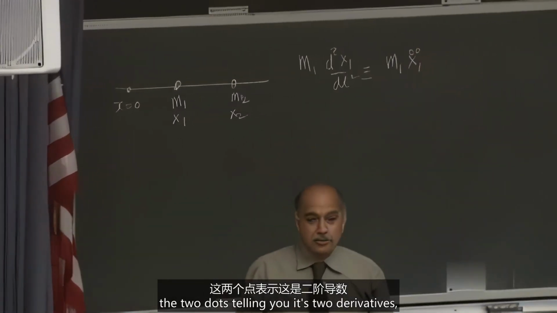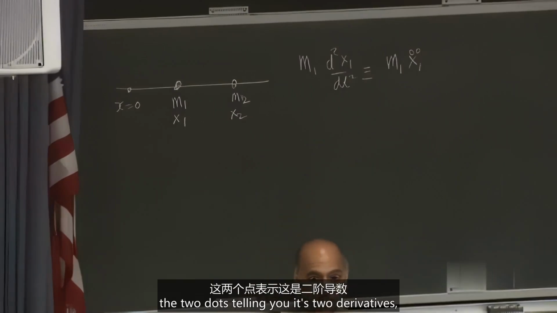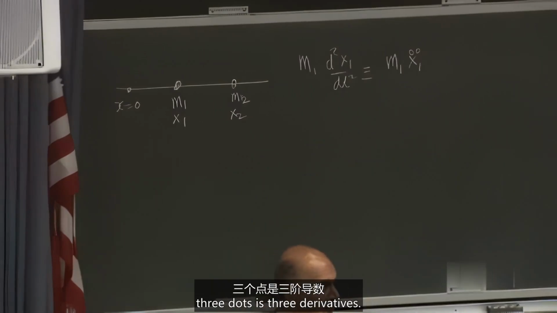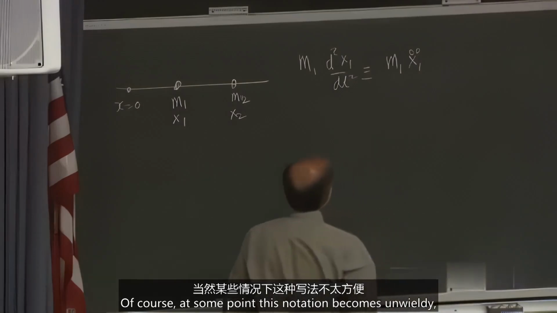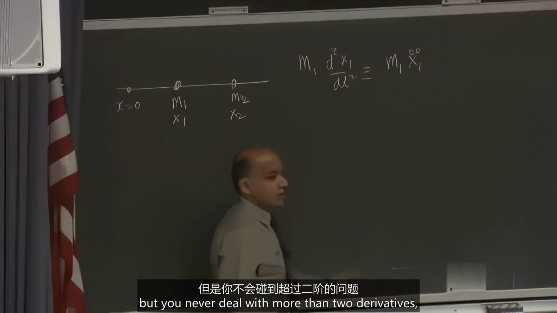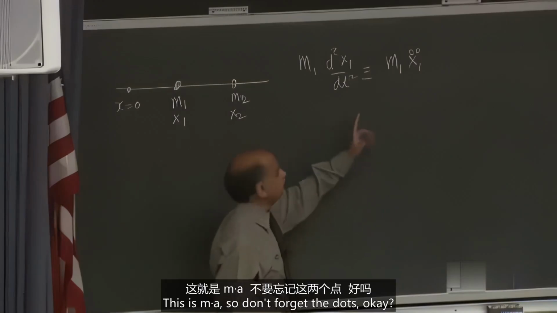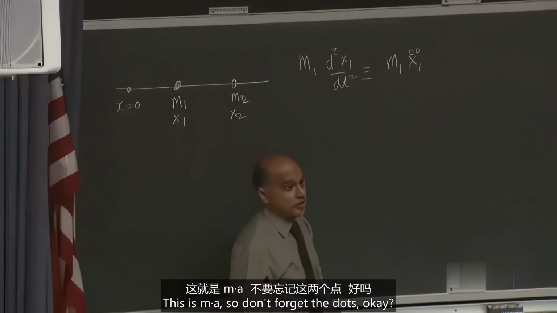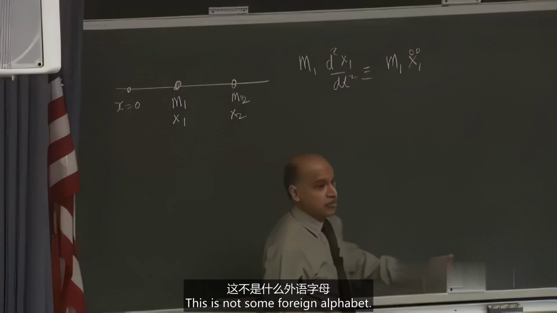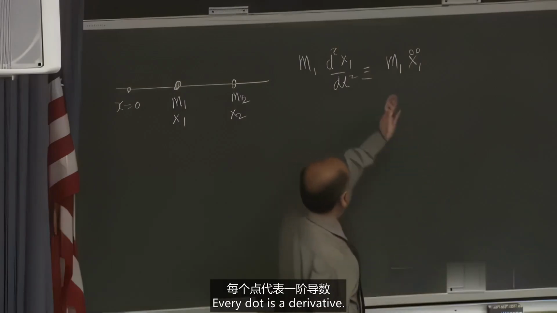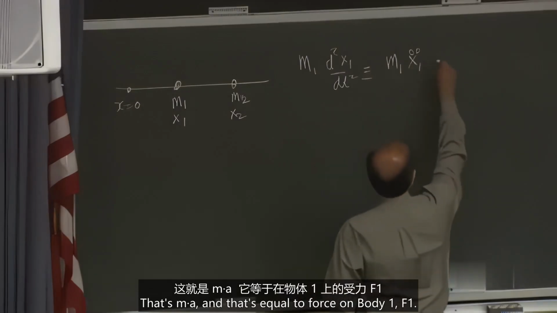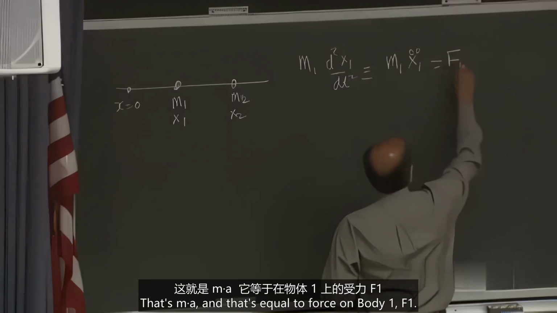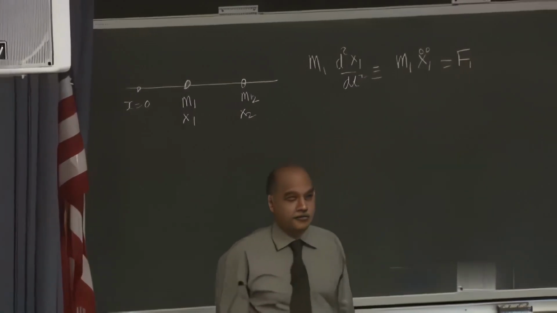The 2 dots telling you it's 2 derivatives. If it's 1 dot, it's 1 derivative, 3 dots is 3 derivatives. Of course, at some point, this notation becomes unwieldy, but you will never deal with more than 2 derivatives, so this works. This is MA. So don't forget the dots, okay? This is not some foreign alphabet. Every dot is a derivative. You should remember that when I do the subsequent manipulation. That's MA, and that's equal to force on body 1.